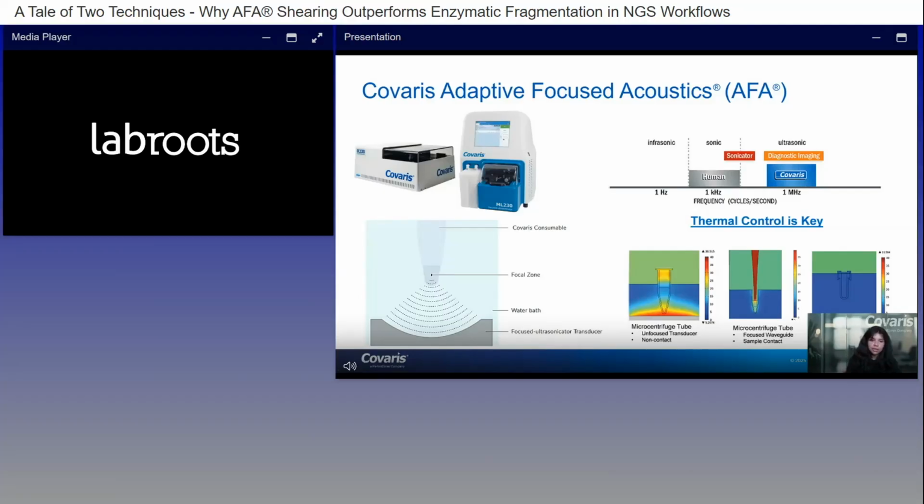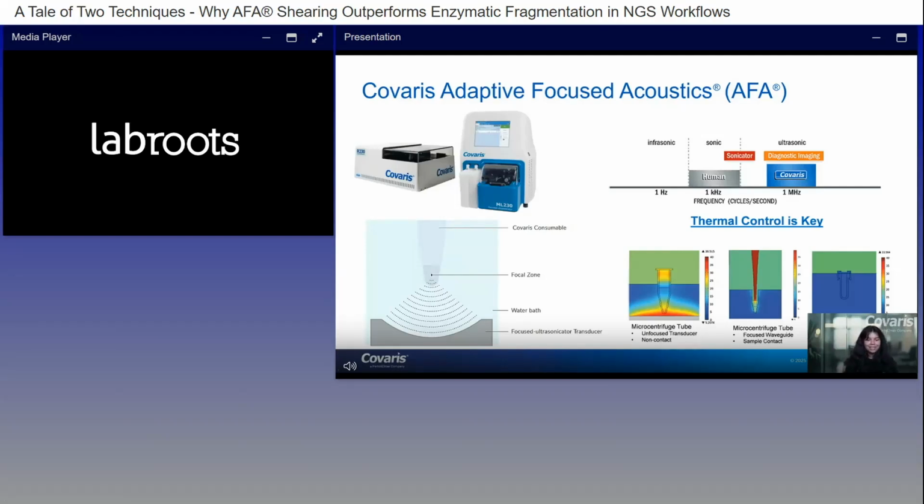An unfortunate side effect of many traditional sonication methods is the introduction of heat to your samples. If you take a look at some of these thermal images of sonication, you can really see how this is the case. When you have either a traditional water bath or probe sonicator, you can see that the samples are getting subjected to this kind of gradient of heat, reaching temperatures up to 40 degrees Celsius in some cases.